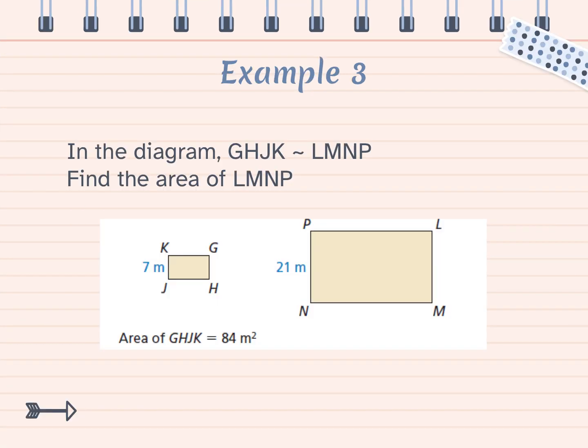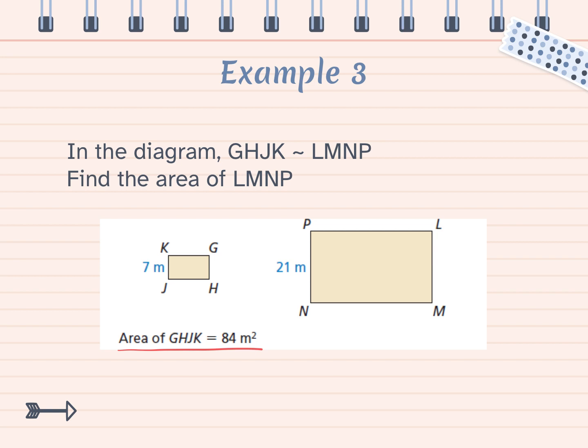So let's tackle a problem and see how that applies. Now notice here we've got this diagram. GHJK is similar to quadrilateral LMNP. Find the area of LMNP. Well, first of all, we know the area of GHJK. Let's figure out the scale factor first.